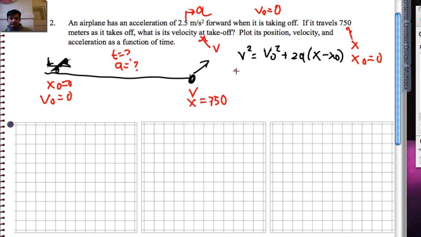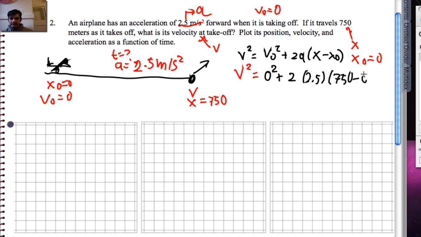We don't know v squared, but we do know that it equals the initial velocity squared plus 2 times the acceleration. I misread, we're told 2.5 meters per second squared. Good for us, so I can put 2.5 in there. And then I have 750 minus 0.